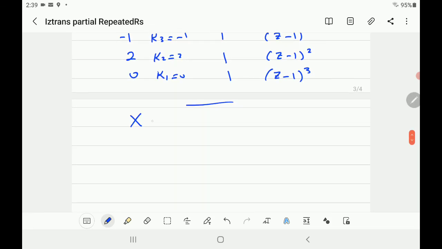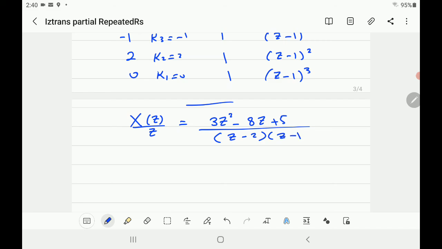So X of z over z was found to be the following: 3z squared minus 8z plus 5 over the bottom, z minus 2, z minus 1 cubed.